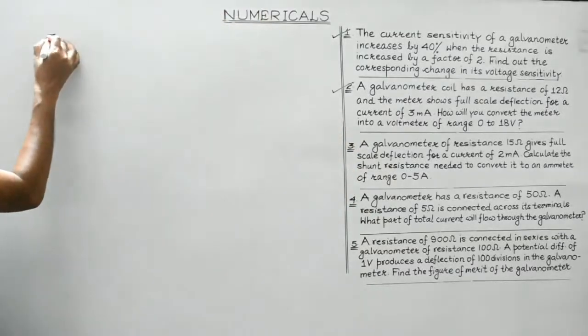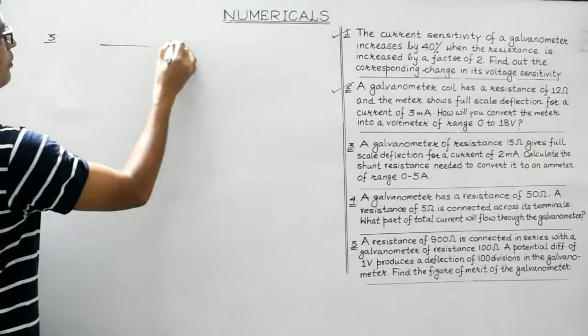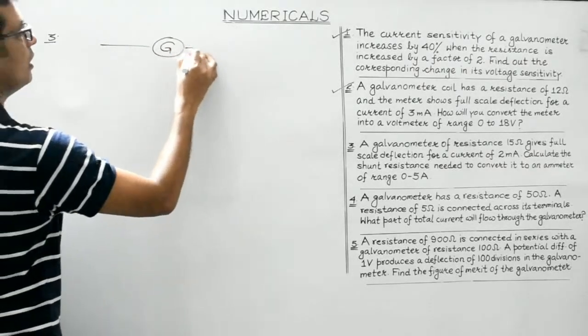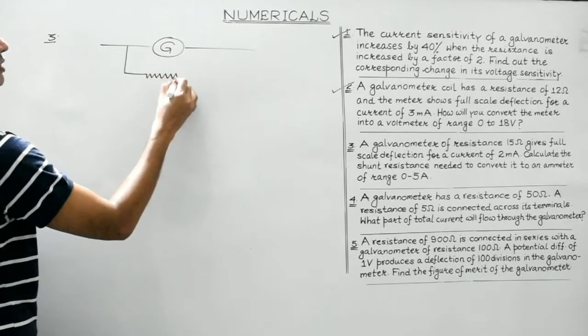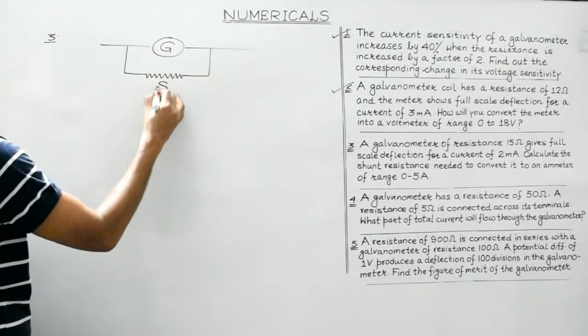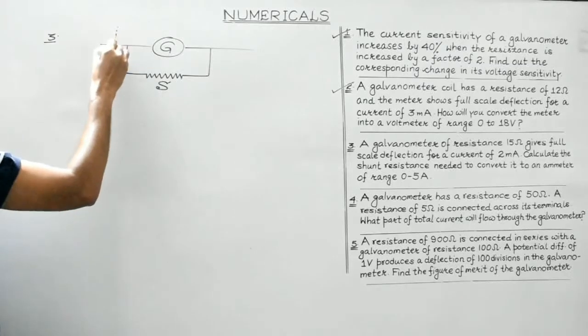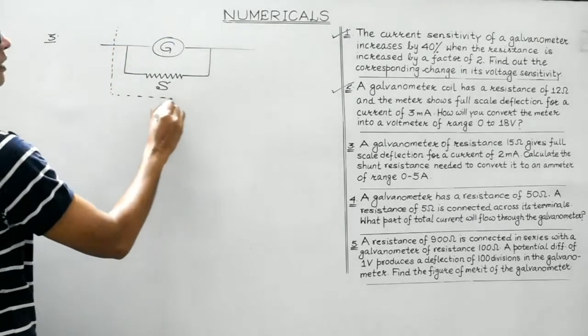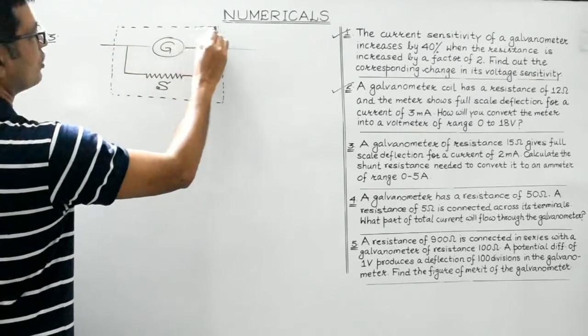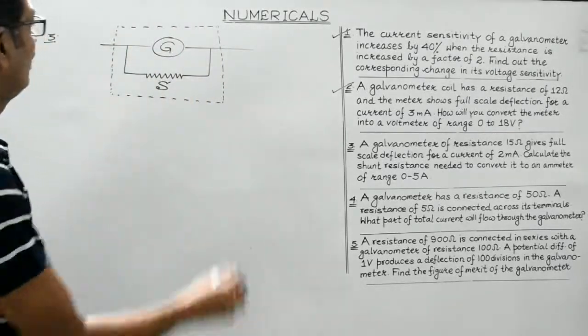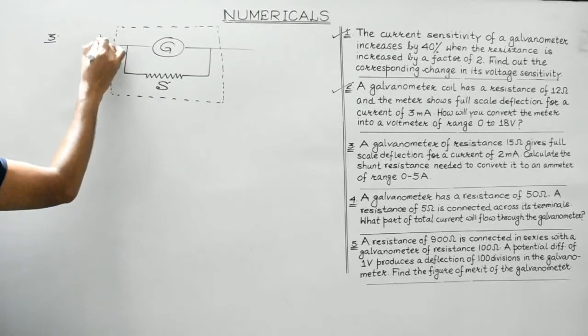So this is the galvanometer coil, and in order to convert it into an ammeter, a low resistance wire known as shunt is to be connected in parallel. So this parallel combination of galvanometer and low resistance wire shunt constitutes an ammeter, right? So suppose I is the current flowing through the main circuit.